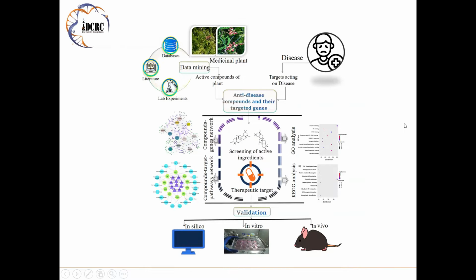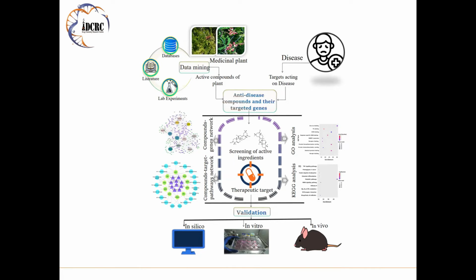The major steps when we study a particular plant or formulation with network pharmacology: the first approach is to identify the medicinal plant. Then the data mining, as I told you. Data mining can be done with previous publicly available data sets, literature, or lab experiments. You can perform database searches or literature searches, or you can simply extract the natural compounds of your plant and make a data set of which compounds are present in this particular plant.